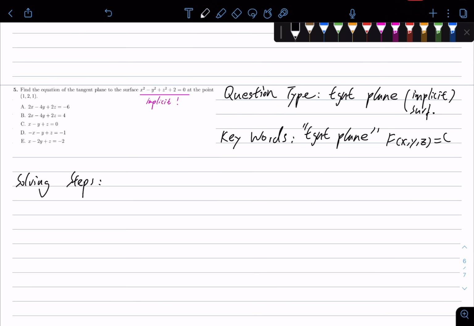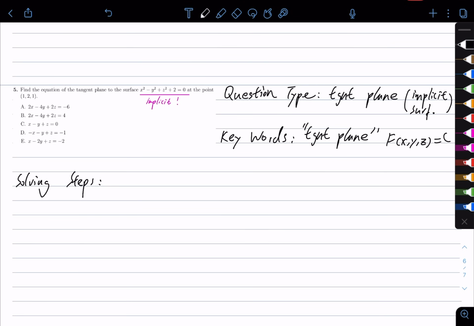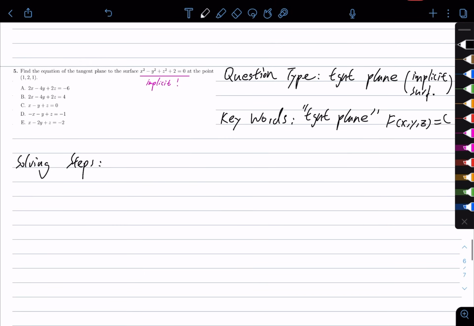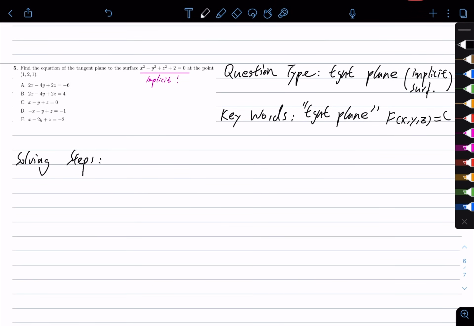So how are we going to solve this question? All right, how are we going to actually solve this question? Well, this is an implicit surface problem. So the first thing we're going to do, which is to prepare for it, we're going to find the partial derivative. Oh, actually, before that, let's just go ahead and write down step 0. I identify f, x, y, z.